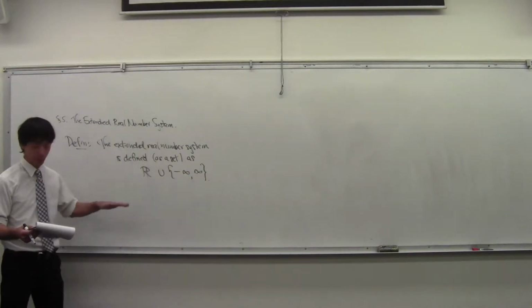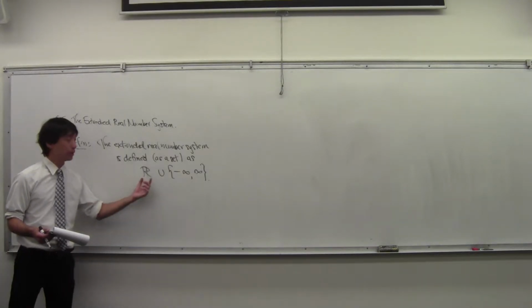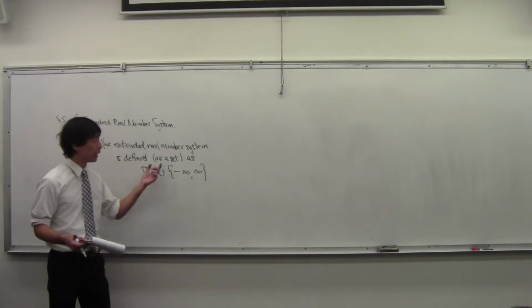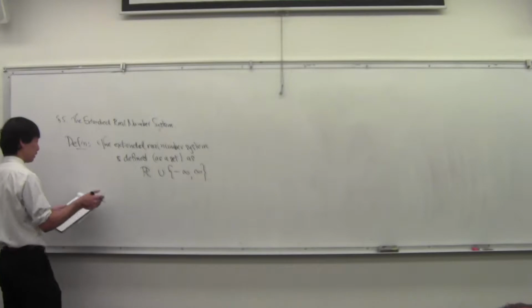So we just stick them in there. We say the extended reals are going to be our normal real numbers, and we're also going to add these two things that we call negative infinity and positive infinity.